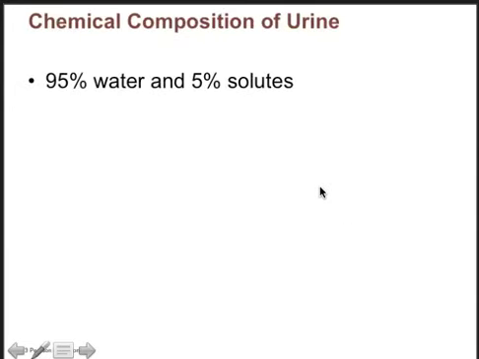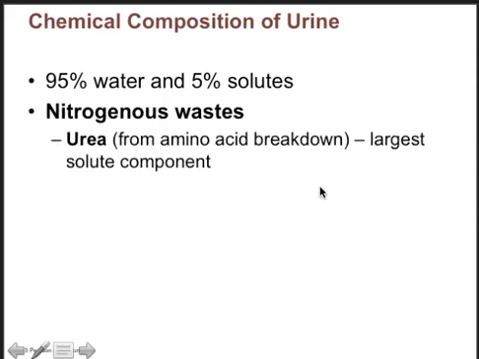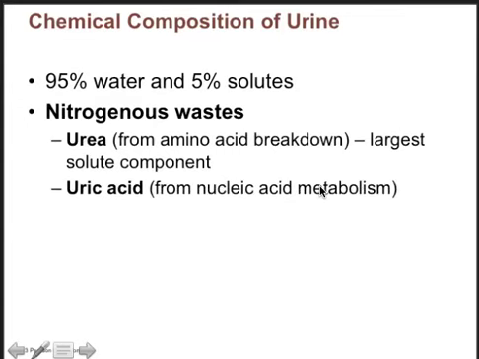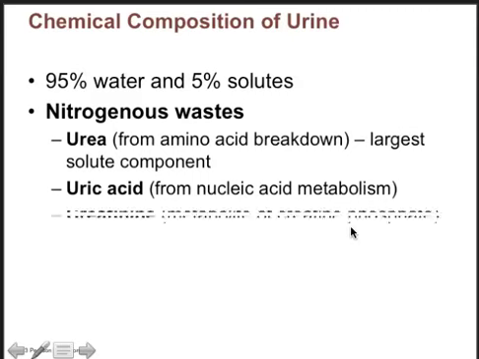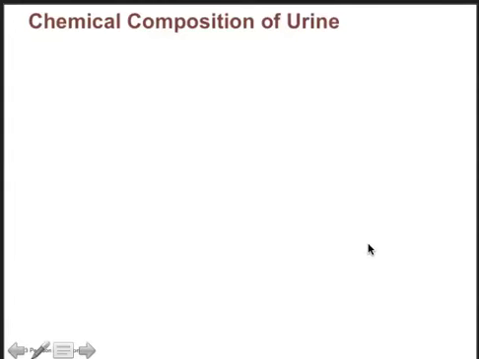Urine is about 95% water, 5% solutes on average. It contains nitrogenous waste such as urea, which comes primarily from amino acid breakdown. And this is the largest solute component. It also contains uric acid from nucleic acid breakdown, and creatinine, which is a metabolite of creatine phosphate.